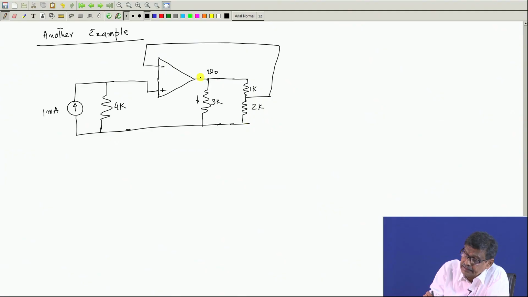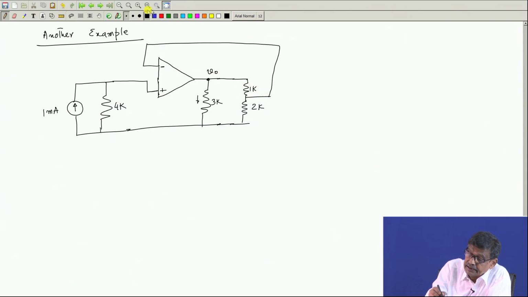Can there be any current here? Yes, I do not know, because this is not the input terminal. But what I know is this output voltage, whatever it is, the current here is 0, no current will be drawn by the input. Therefore, there will be no branch of current at this point.